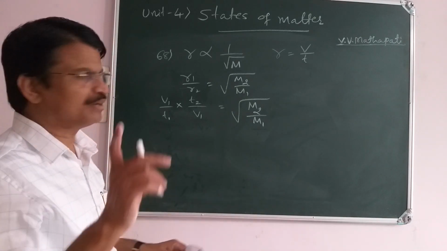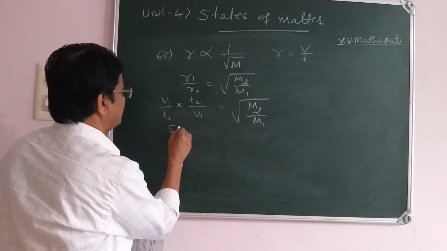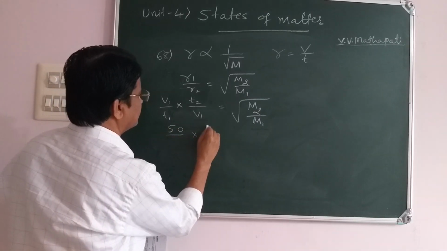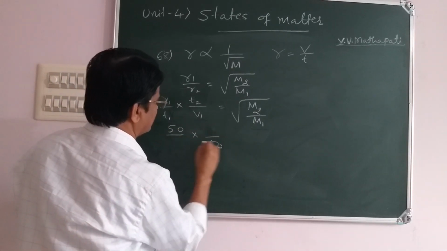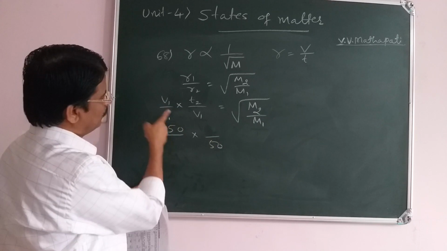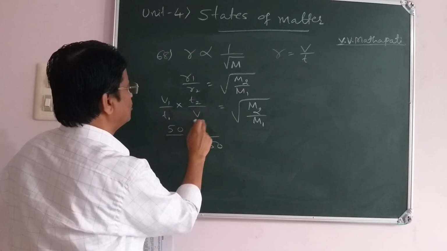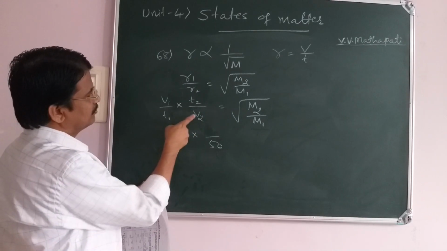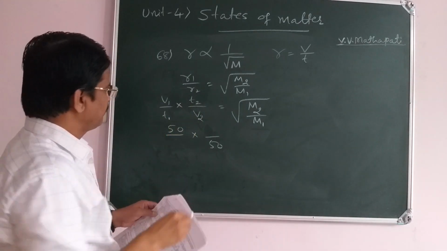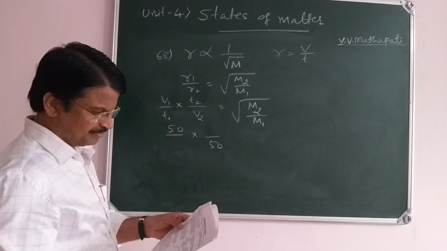Now substitute the values. 50 ml each of A and B, so the volume is the same, V1 and V2 same value.